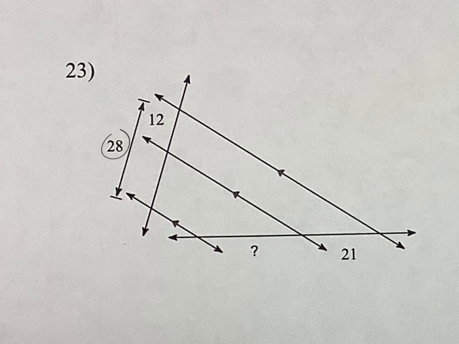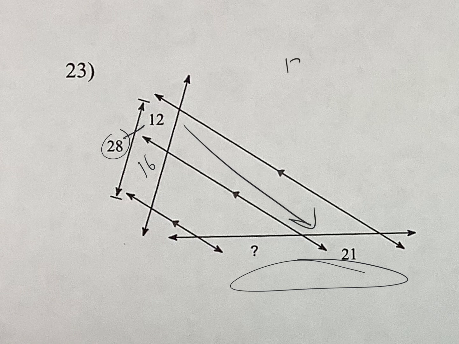I can't really use that 28 because I don't have the whole side over here, but I could say the whole side is x plus 21. But instead of doing that, why don't we take 28 minus 12? So that gives me 16. And do 12 is to 21 as 16 is to x. And that's a little bit easier to do.